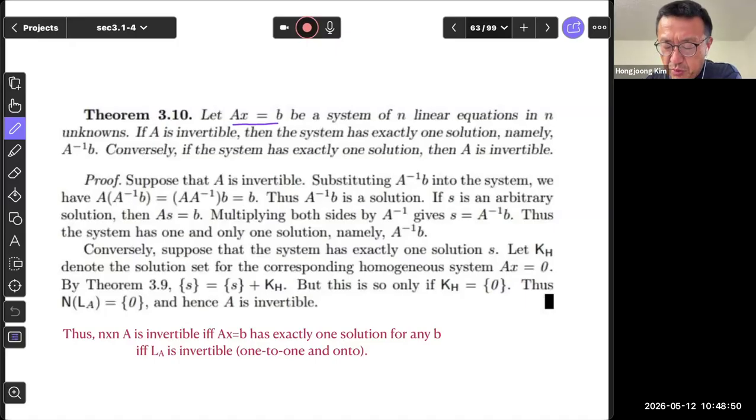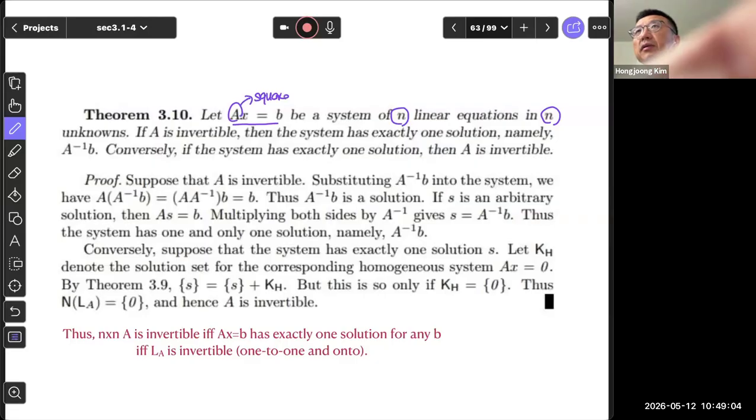So let AX equals B be a system of n equations in n unknowns, so that your A is a square n by n matrix.